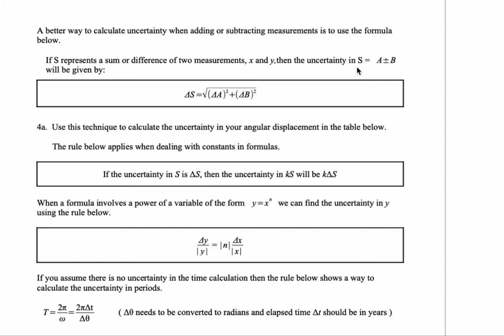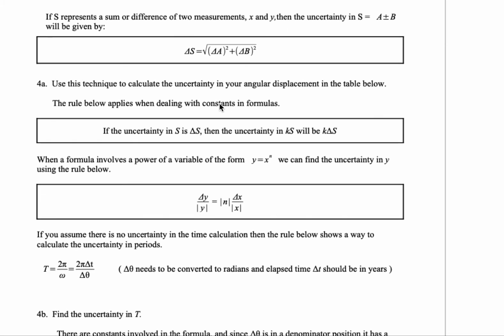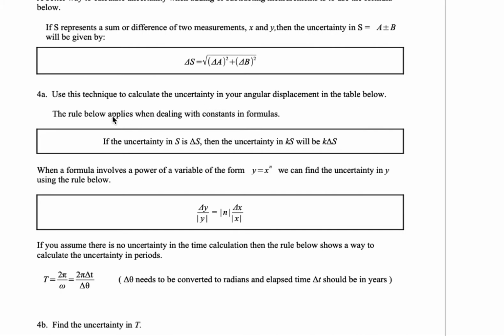So if you have a calculation where you're adding and subtracting, which we are with the angles, then we could do this kind of thing. Use this technique to calculate the uncertainty in your angular displacement.